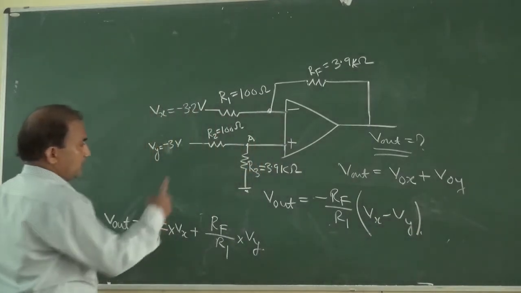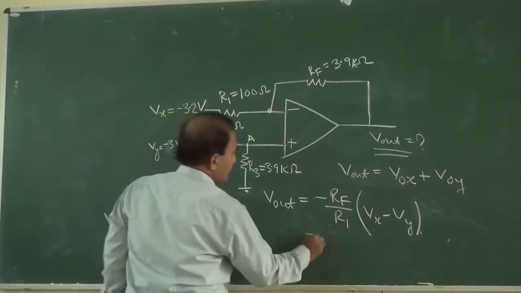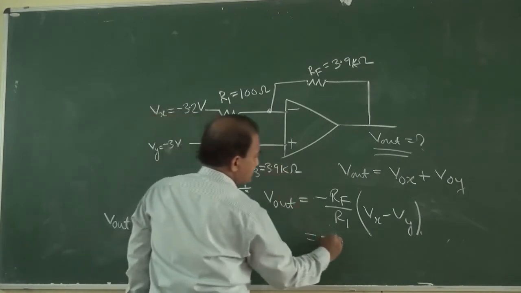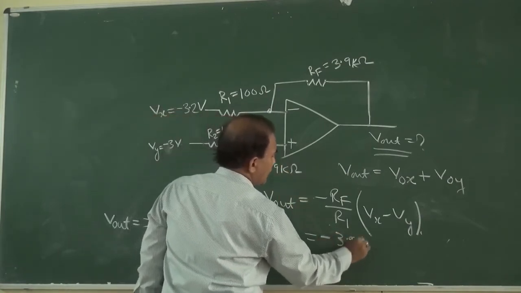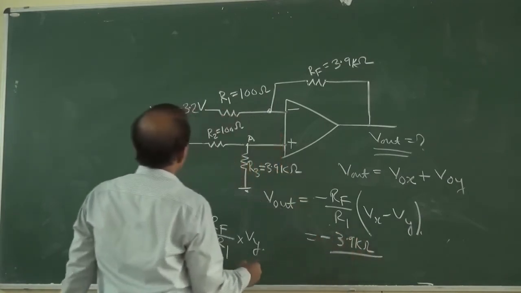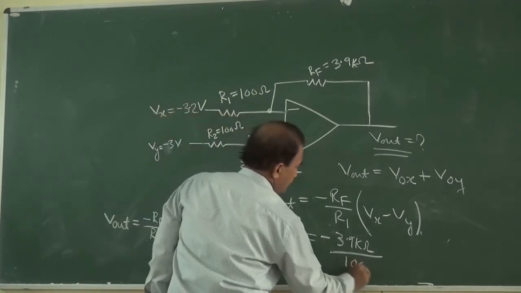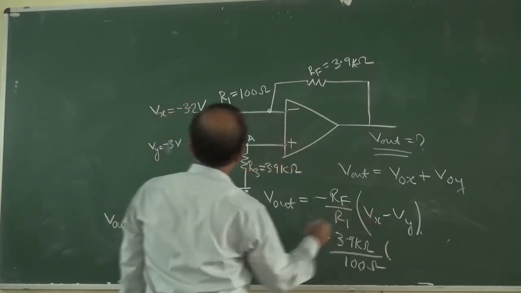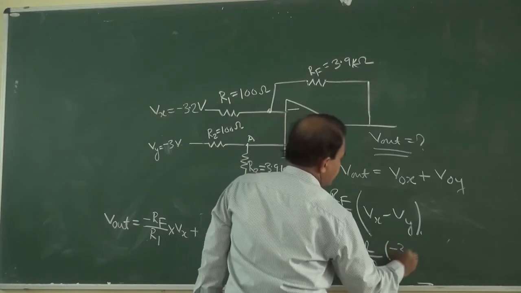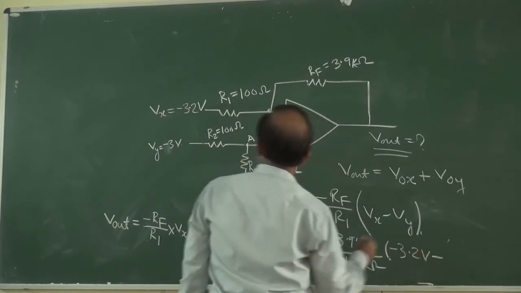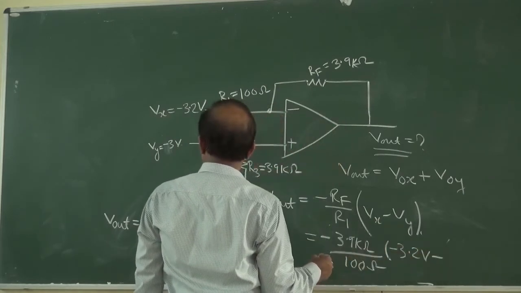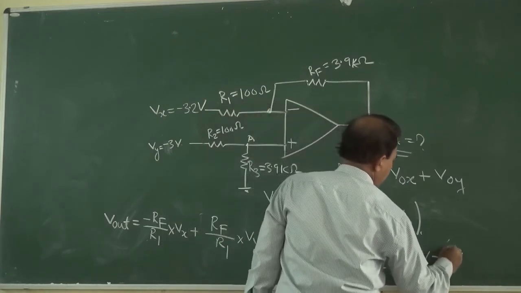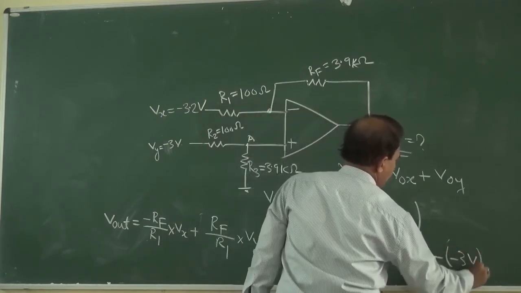So here Rf is 3.9 kilo ohm, R1 is 100 ohm, Vx is minus 3.2 volt, Vy is minus 3 volt.